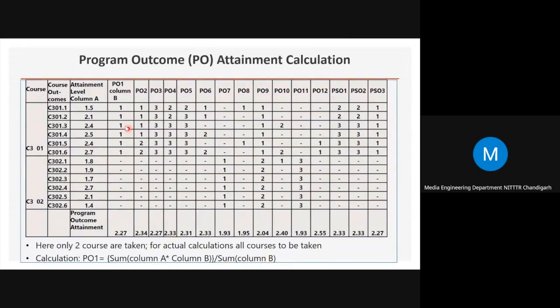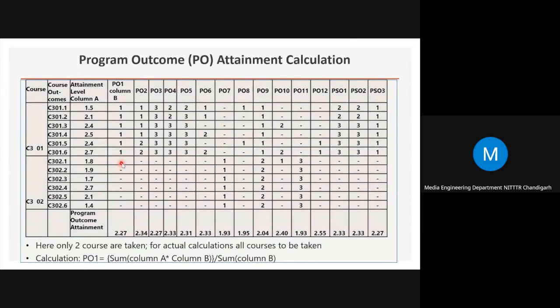What does it mean? This is column A and this is column B, right? We'll multiply this 1.5 with this 1, 2.1 with this 1, 2.4 with this 1, column A multiplied with column B, and then we'll add these products. So 1.5 into 1 plus 2.1 into 1 plus 2.4 into 1 plus 2.5 into 1 plus 2.4 into 1 plus 2.7 into 1, right?